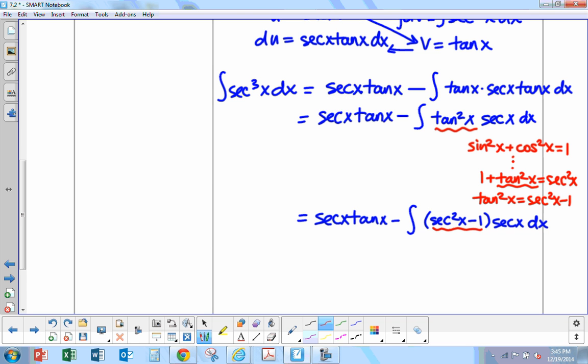I'm going to go ahead and distribute in there so I can see what I'm working with. So this would really be secant x tangent x minus the integral of secant cubed x dx plus the integral of secant x dx. Just distributing in and splitting it apart into pieces.